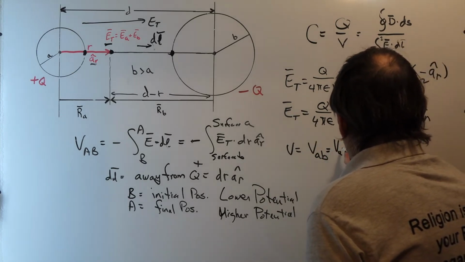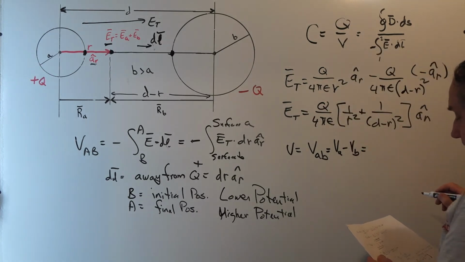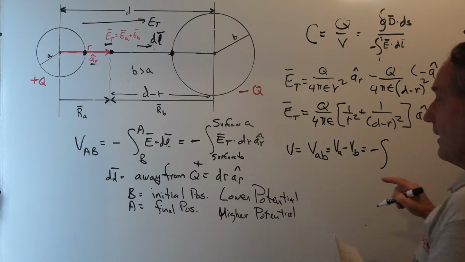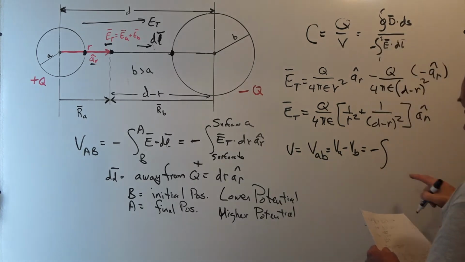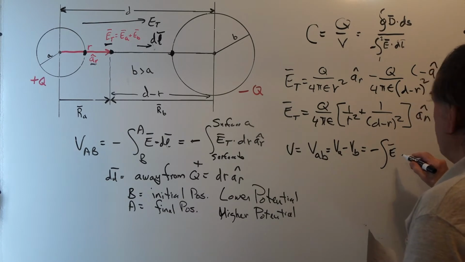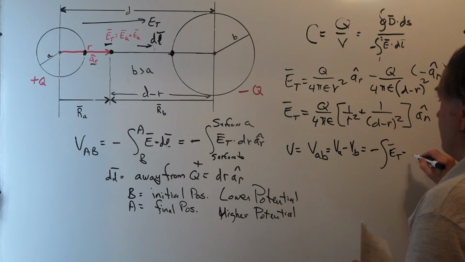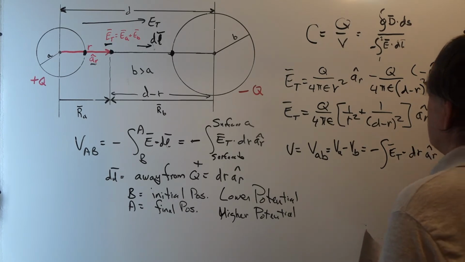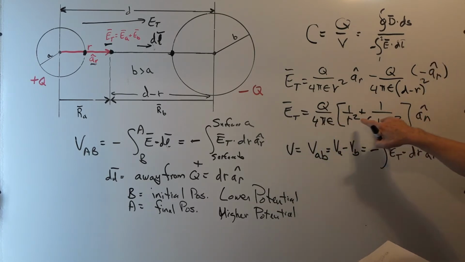This is VA minus VB, and this is equal to minus the integral from the surface of B to the surface of A of E_T dot dr in the AR direction, and for our E_T, we put in this value.